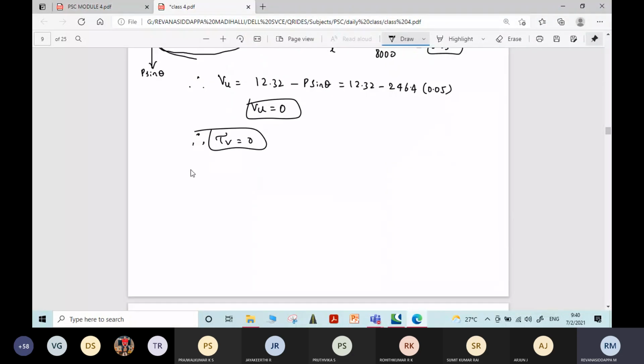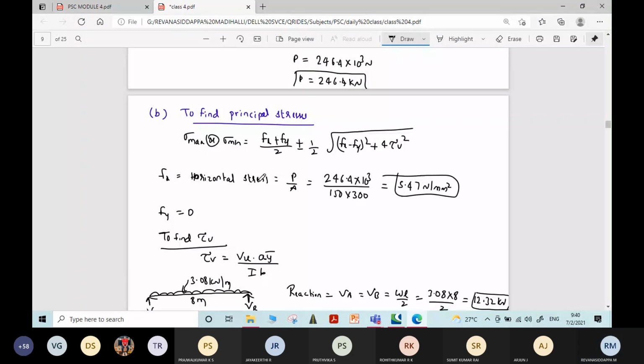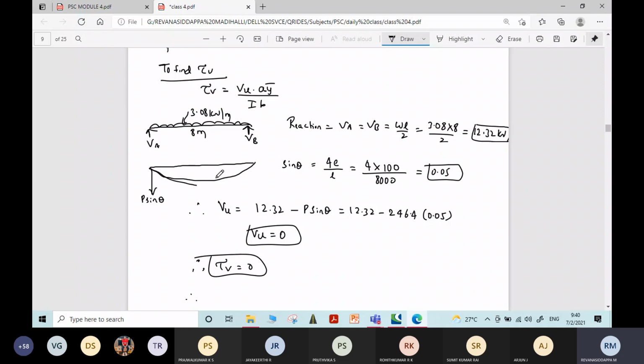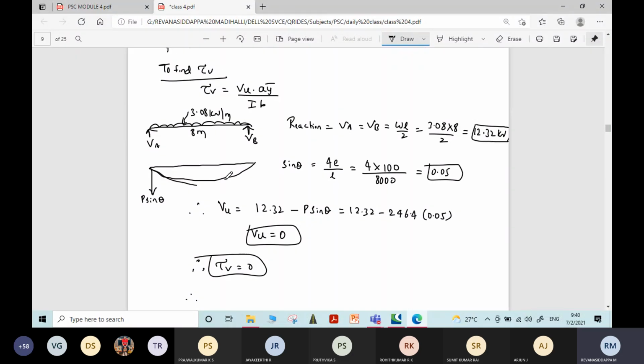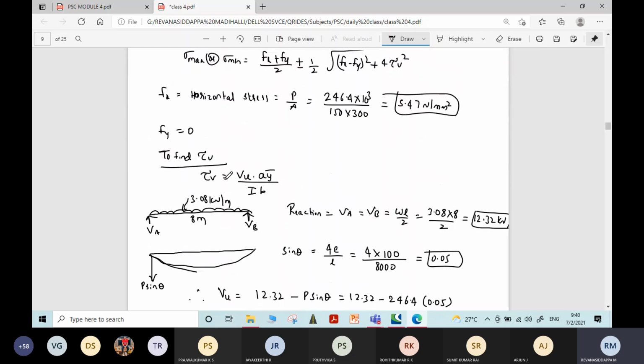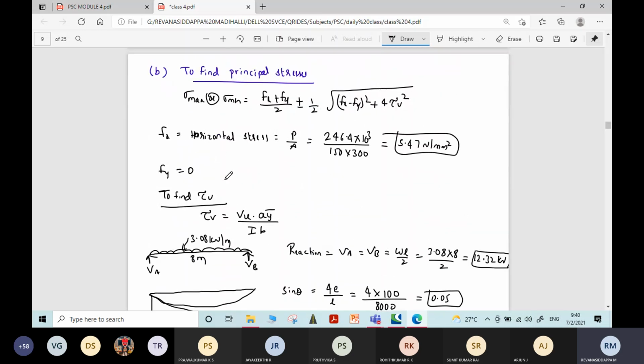Therefore, now you can find sigma minimum. Substitute. I think everything is known. Tau v equal to 0. Only fx is the known parameter here.